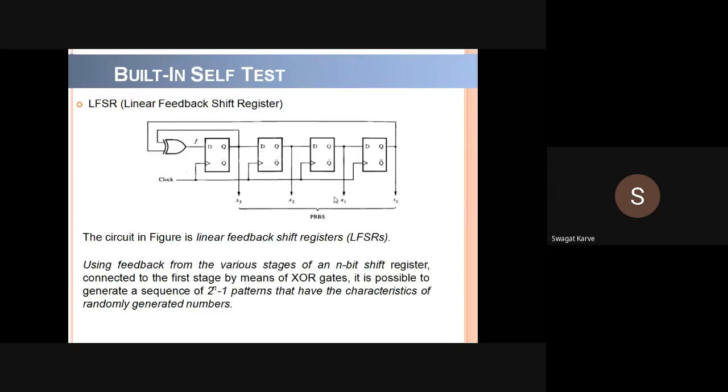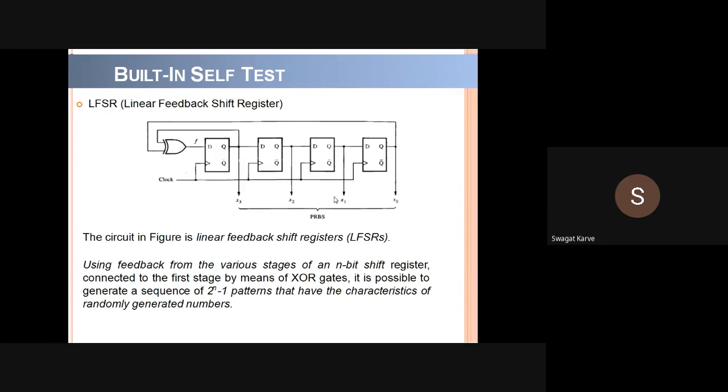Now this technique can be applied in a number of ways. But one thing I want to clarify: why do we say it's a linear feedback shift register? In digital systems, how can you verify the linearity property? In analog systems you have different theorems.